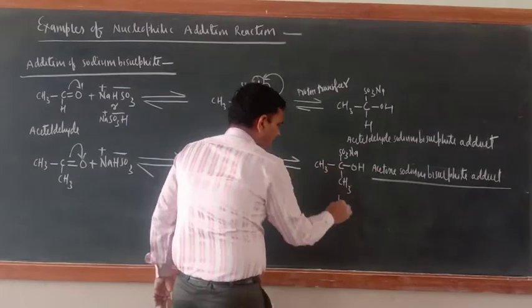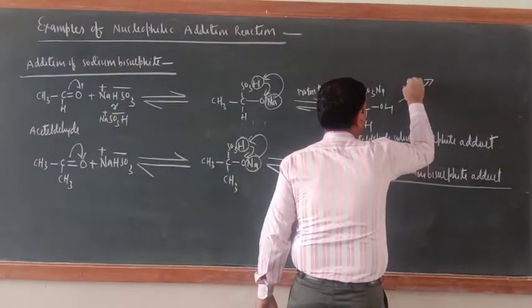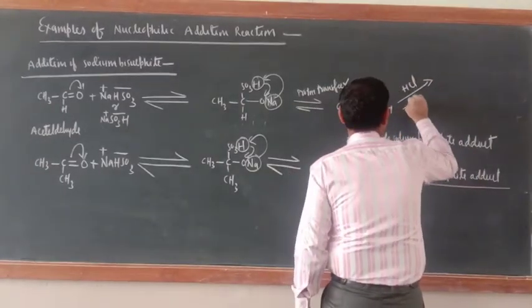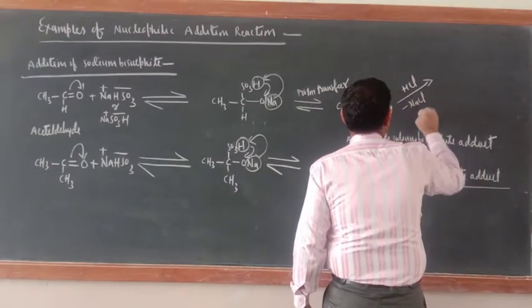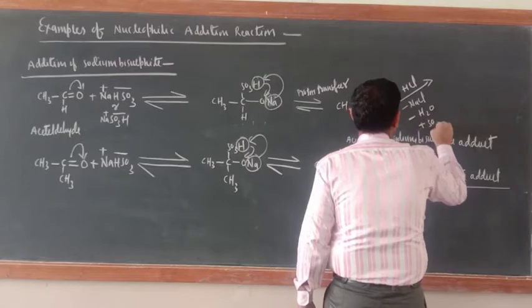Now, treat this compound with HCl. This is a mineral acid. So, do you know what will be the product? One product will be NaCl. Another product would be H2O. Another product would be SO2.